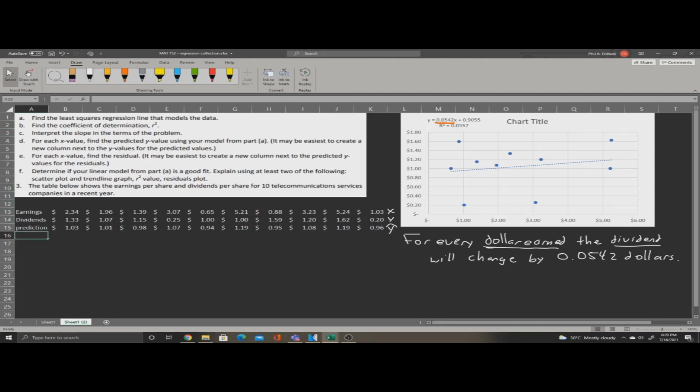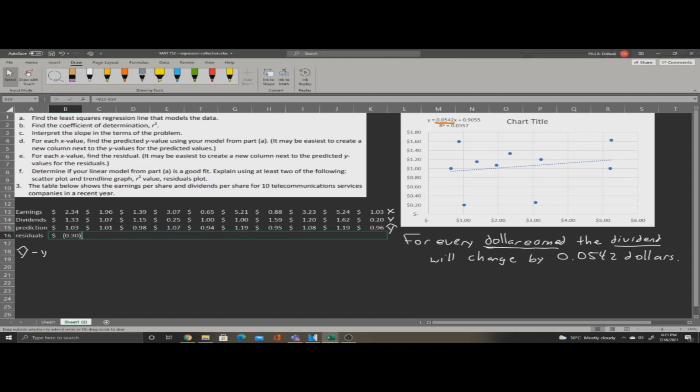Now we'll make a column for residuals. Now remember that our residuals are just y hat subtract y. We'll say equals, click the prediction y hat, subtract y. This will give us negative 30 cents here. Remember that the parentheses in Excel's money format mean negative money.